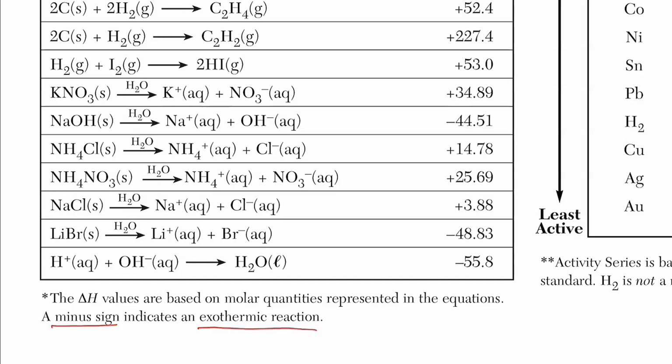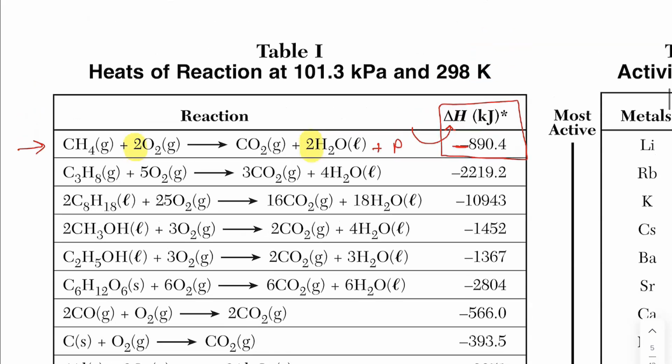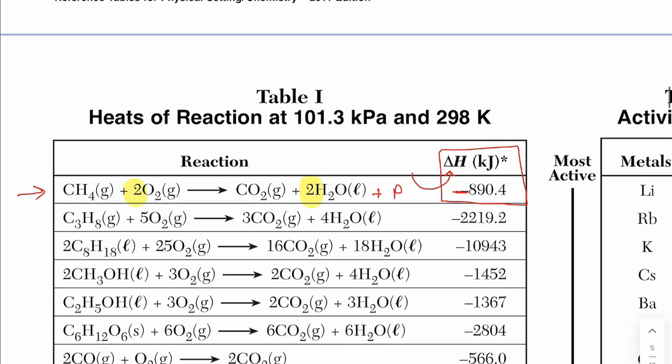You just had to know that exothermic means the energy is going to be after the arrow there. So a lot of hints there for that question. In any case, it's written just as this is, and delta H is negative. They tell you it's exothermic. You just had to know, again, energy on the product side is exothermic. So that's why choice 4 is the answer.